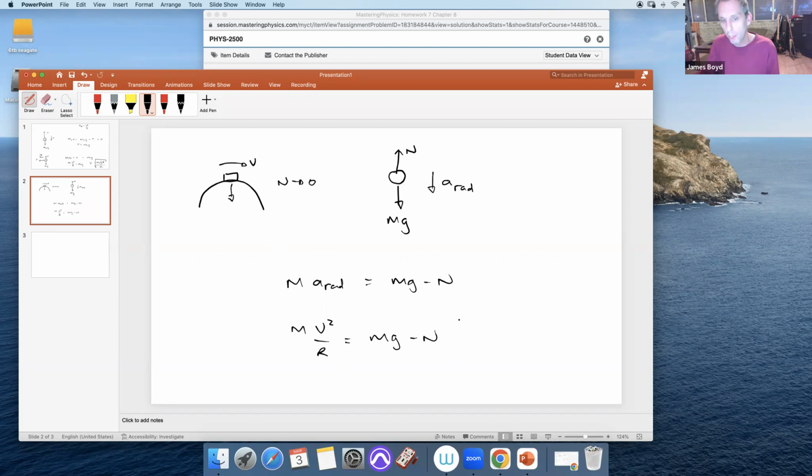So if N goes to 0, we assume that there's no normal force on the car. Our m's cancel, and what we get is that v squared is gr, and take the square root. And so the maximum speed this can go before it leaves the surface is the square root of g times r.